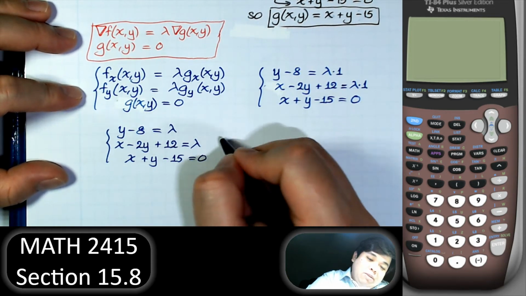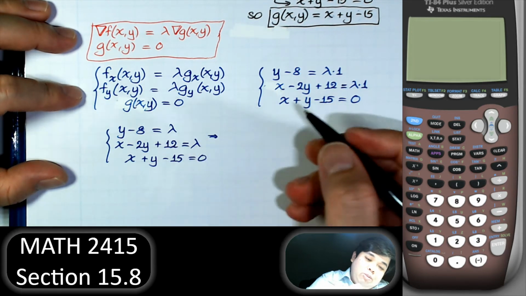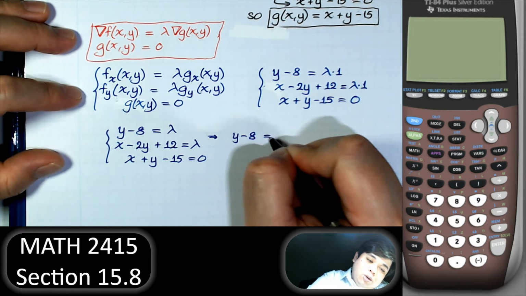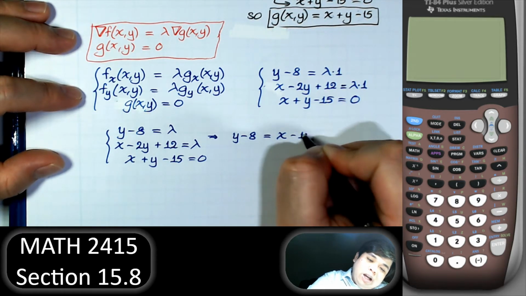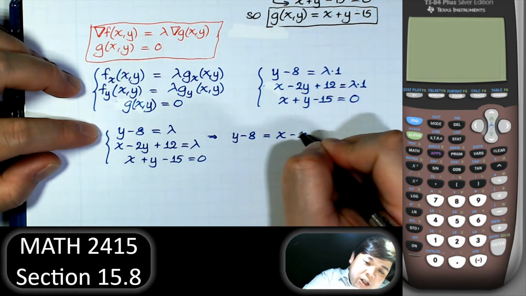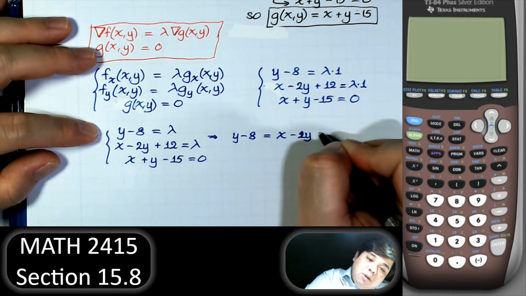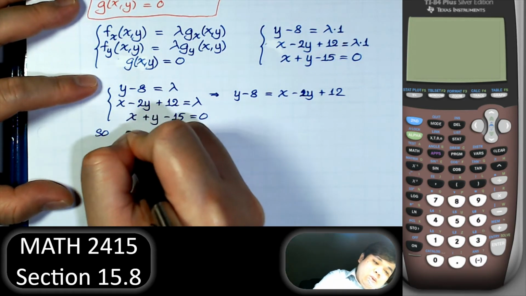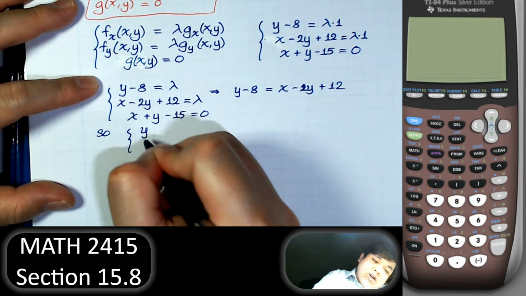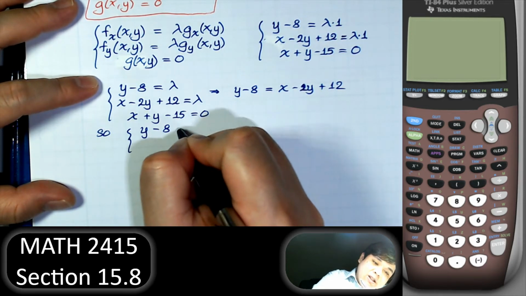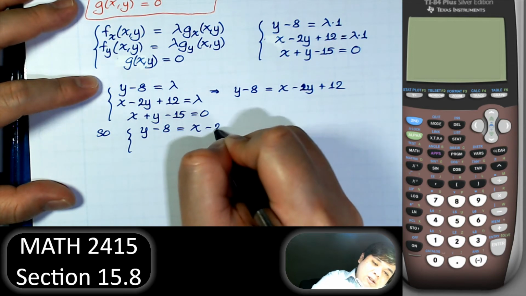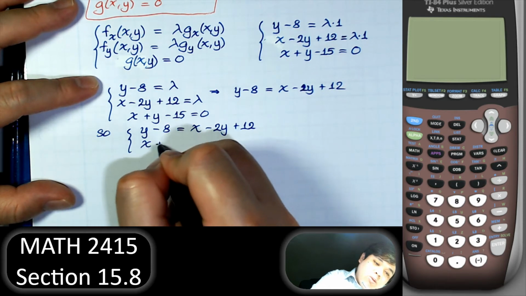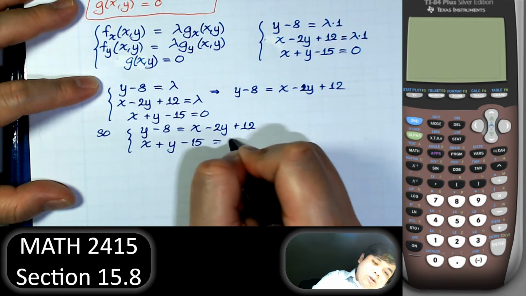Right, so both of them equal lambda. So we put them together and we will have y minus 8 equal to x minus 2y plus 12. And then the second equation. So we will have a system of only 2 variables because we eliminate lambda. And then x plus y minus 15 equal to 0.